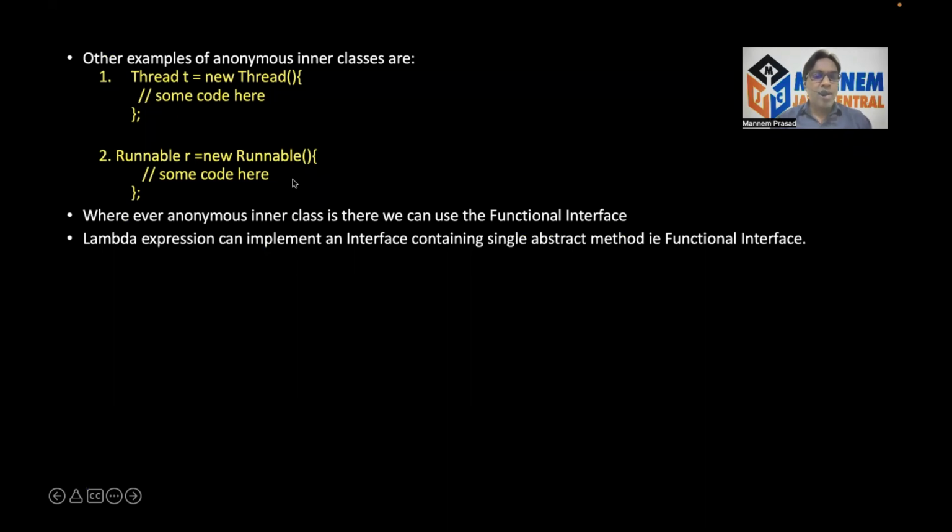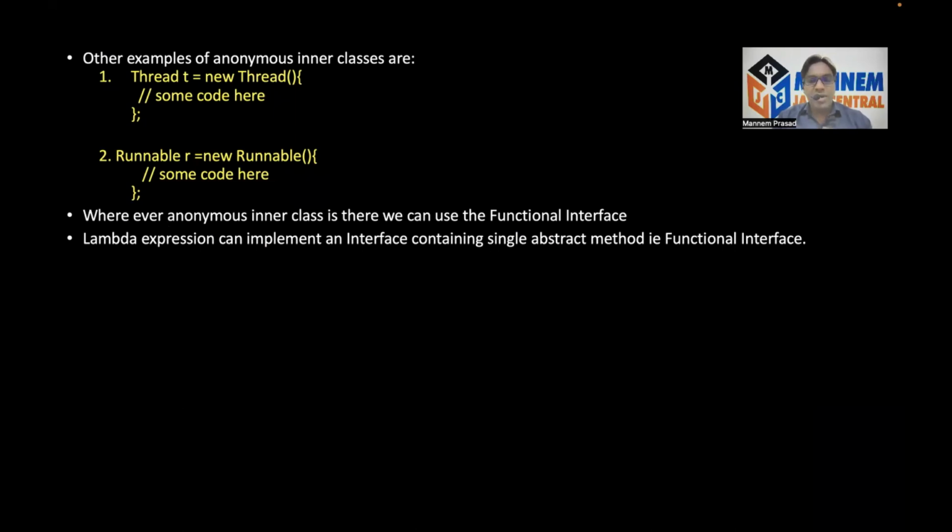So you know already, wherever we have an anonymous inner class, it's better to replace that code with a functional interface. So see, wherever an anonymous inner class is there, we can use the functional interface. It's better. A Lambda expression can implement an interface containing a single abstract method, that is a functional interface. If you observe any anonymous code, then you have to replace that anonymous code with Lambda expression code.